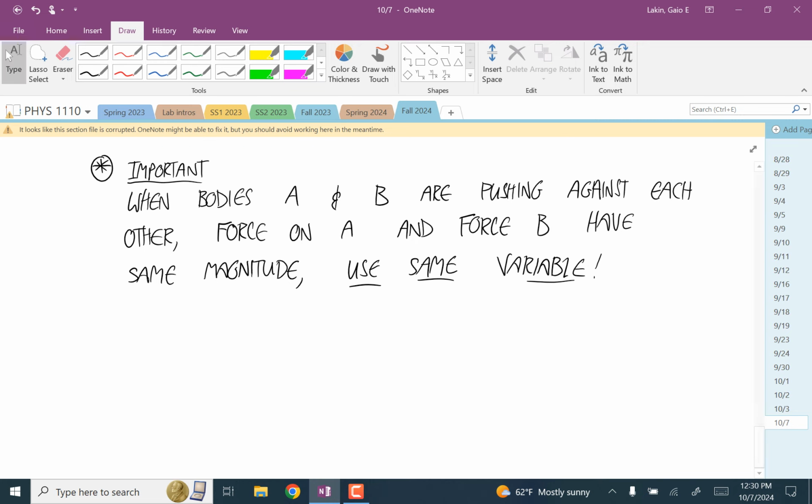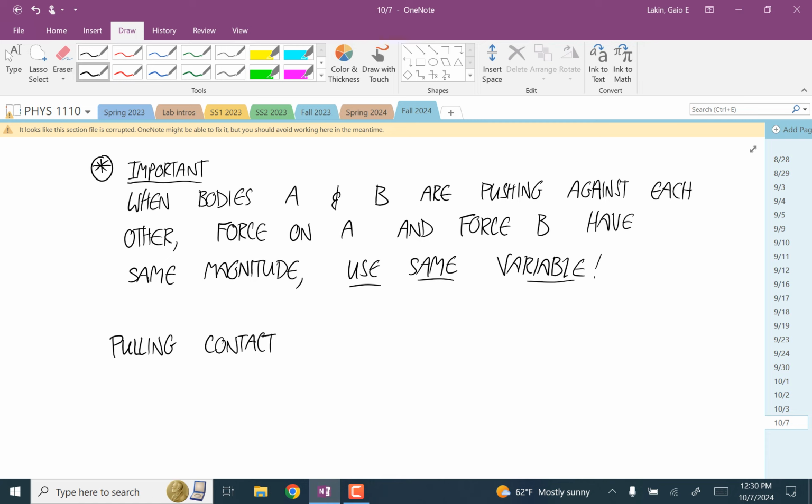Okay, so the next one is pulling contact. By the way, Newton's first law, we'll talk about in lab, although it's not very useful for calculations.